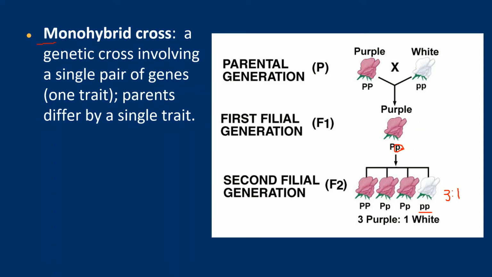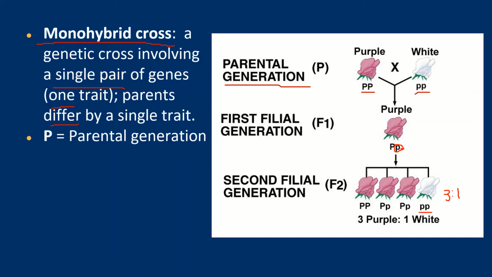A monohybrid cross is a genetic cross involving a single pair of genes. One trait, that's why it's called mono. The parents differ by a single trait, which is why we call it hybrid. These parents, pure purple and pure white, were bred.